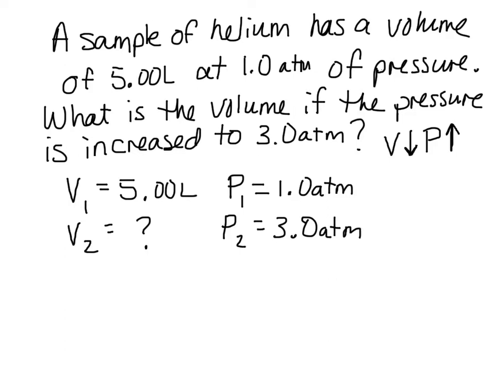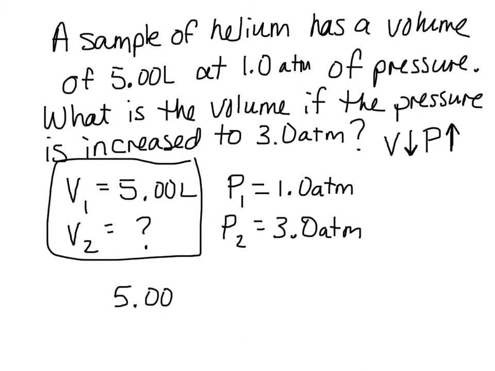And here's the model I was talking about. You start with the variable that you're looking for. We're looking for volume, so let's start with our volume number, 5 liters. Now multiply it by a factor, a fraction, and watch what happens. But the fraction has to give us the results we want.